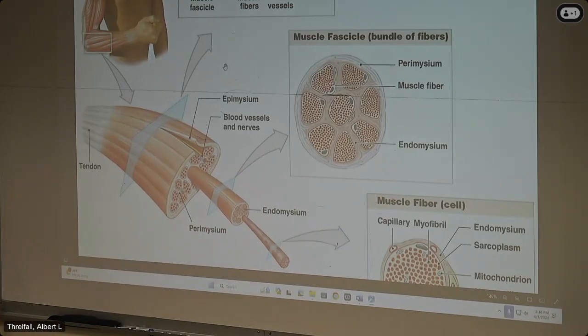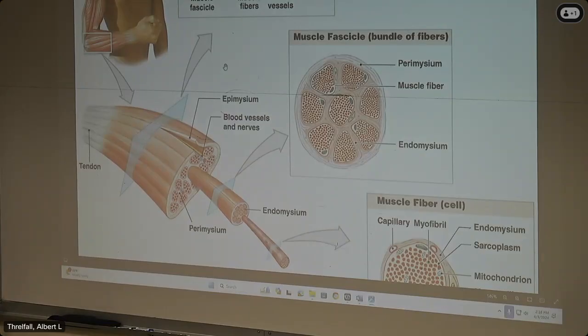How many outer boundaries does a muscle have? 2, fascia and epimysium. Based on what I've told you, how many outer boundaries does a fascicle have? 1. Now I'm making that point for a reason, because we're going to have something else in a minute, and it's not going to be 1.